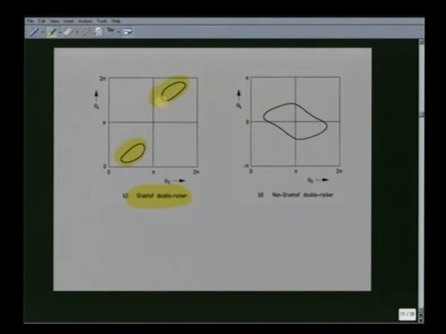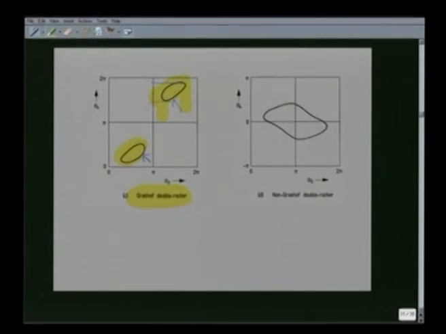For example, theta 2 from here to there, and theta 4 from here to there. Again, there are two distinct loops for two different modes of assembly. Either you are following this curve or you are following this curve. You can never pass on from one mode of assembly to the other.